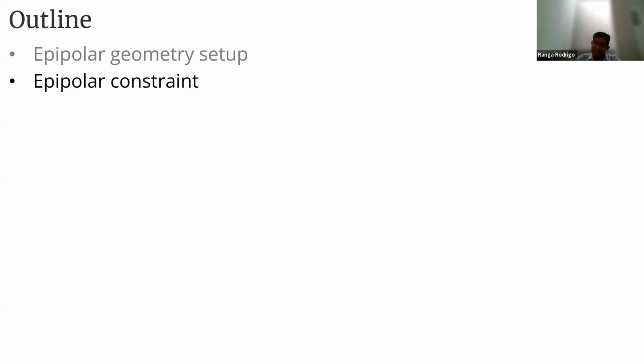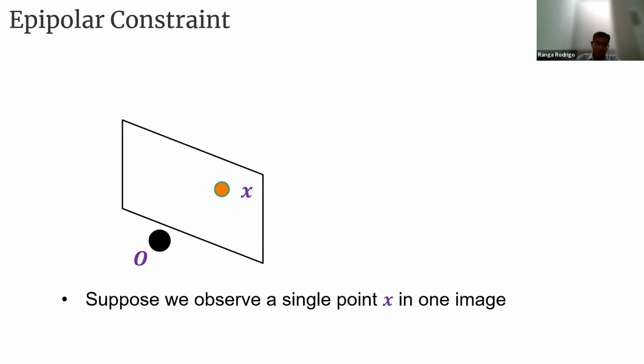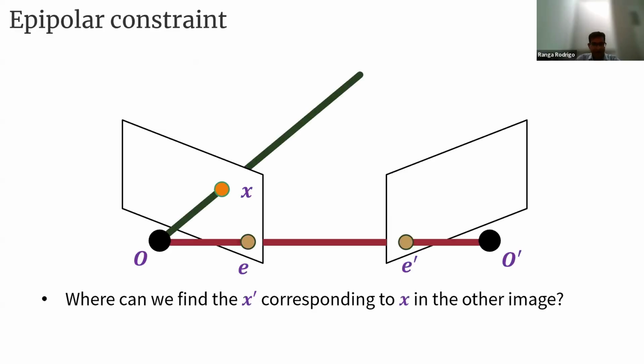Epipolar constraint. Okay, now let's capture that mathematically. Suppose we observe a single point x on an image, and this is the ray. Where can we find x prime corresponding to x in the other image? That's the question. So where can capital X be? Capital X, that means the point in 3D that gave rise to this image small x.